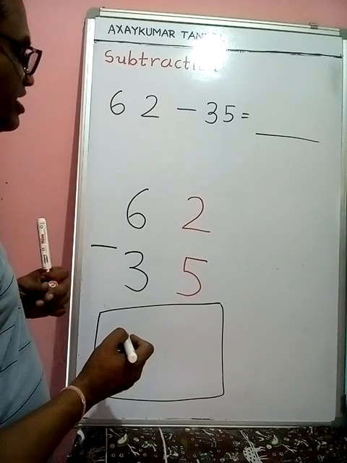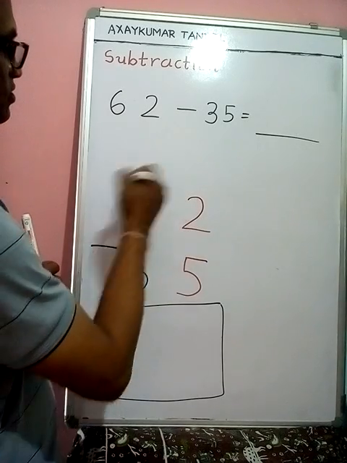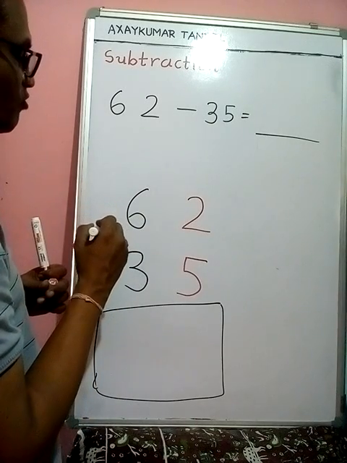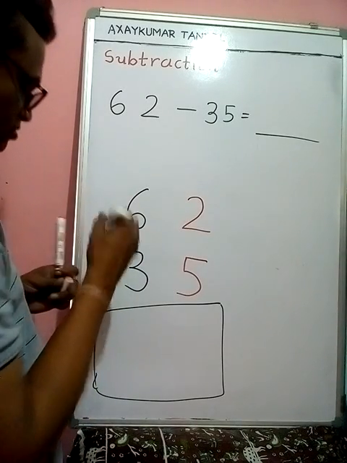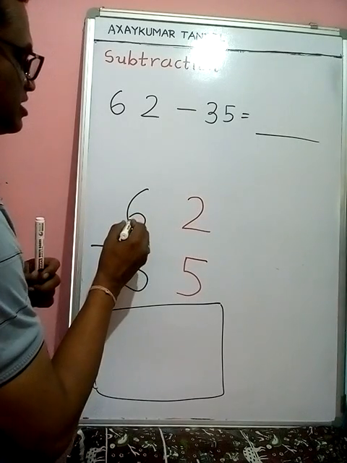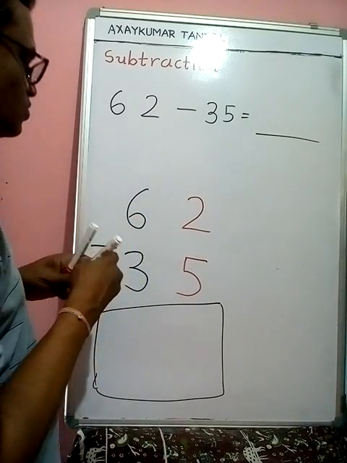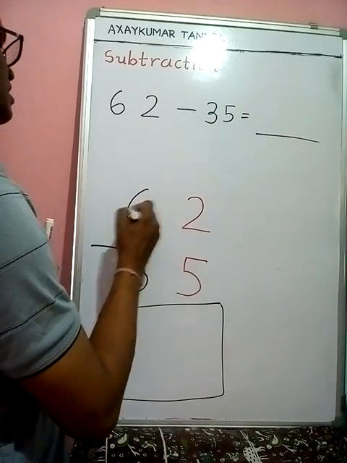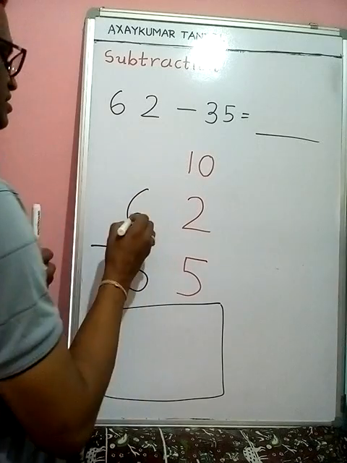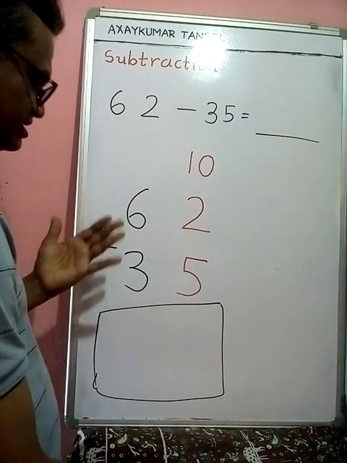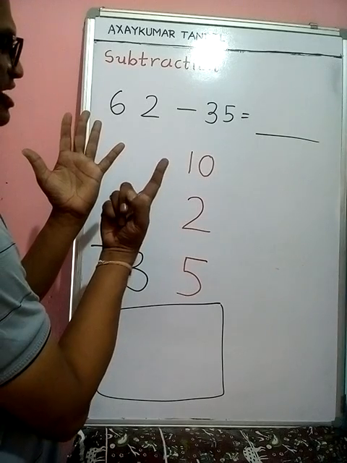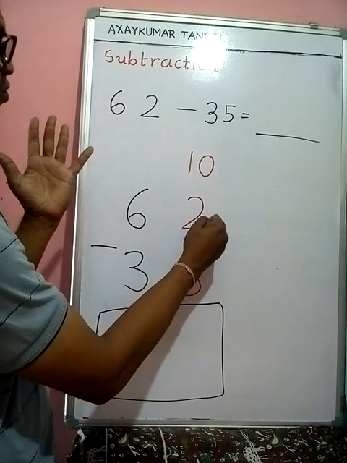We take 10. We go to the number inside and borrow 10 from it. Here is 6. 6 gives 10 to 2.